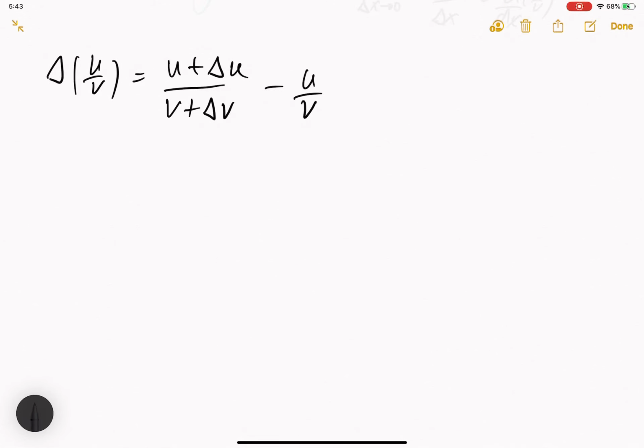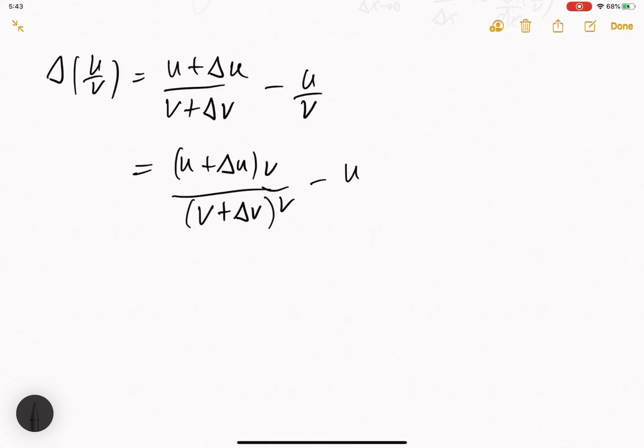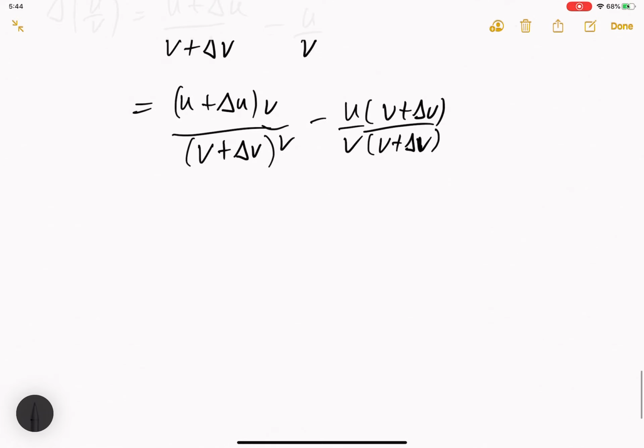So the first thing I'm going to do is put these fractions together, multiplying both of them by the denominator of the other one. So we get u plus delta u times v, minus u times v plus delta v, over v plus delta v times v.